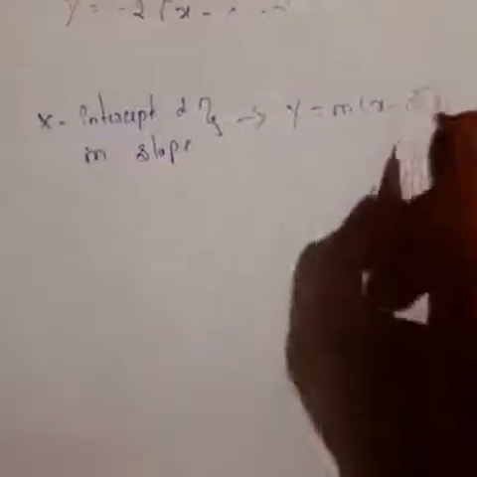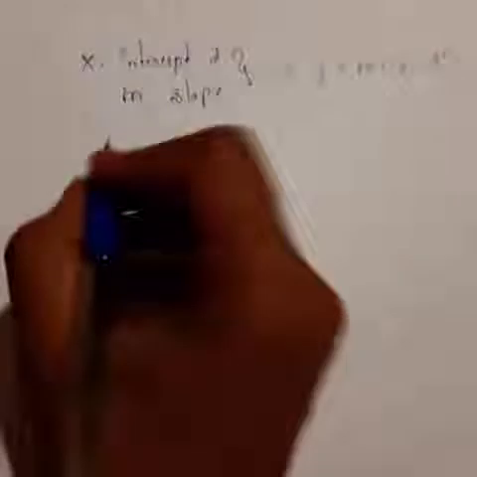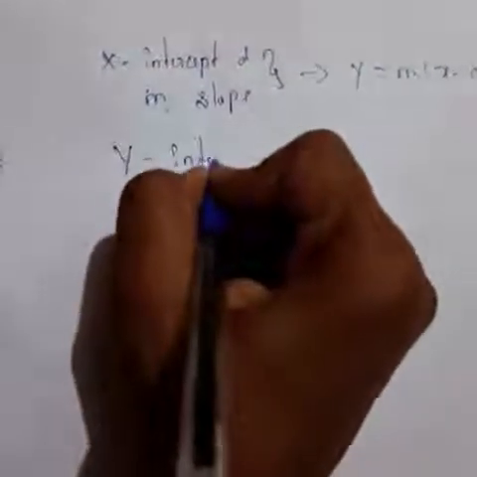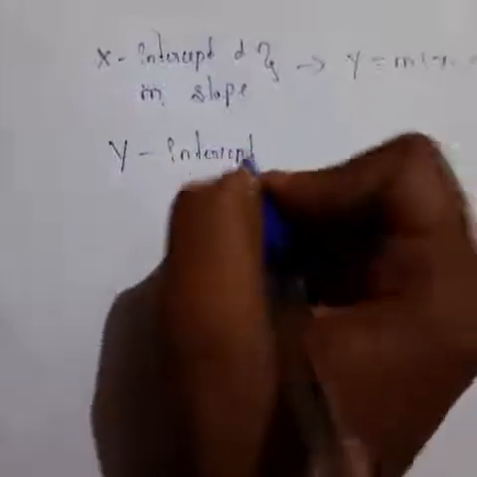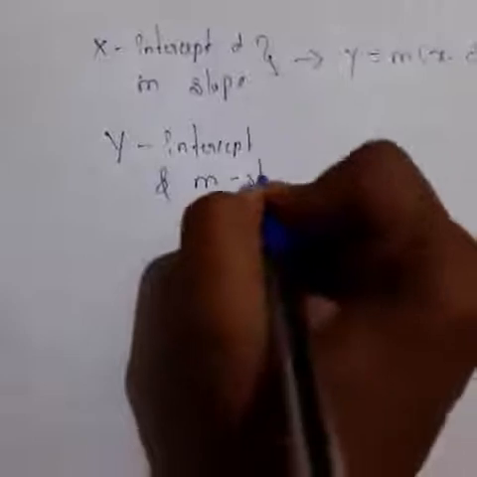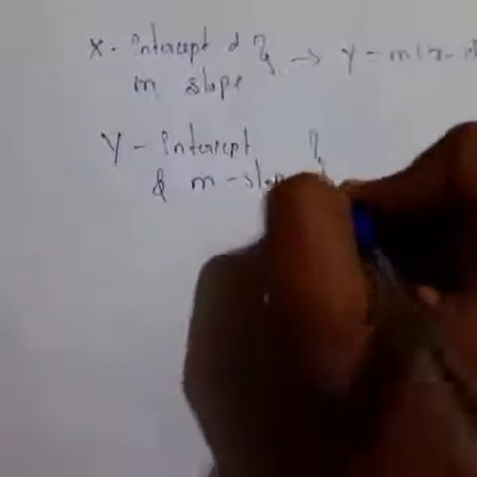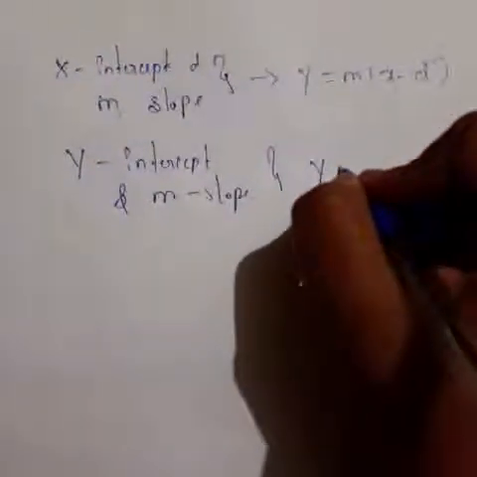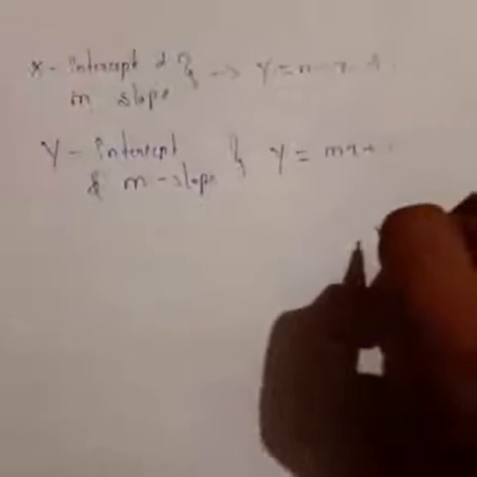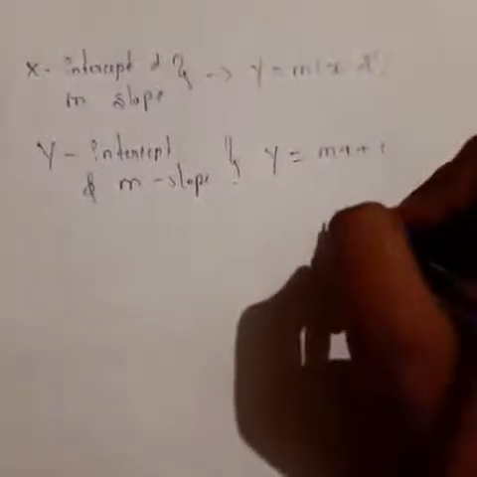Here d is nothing but your x-intercept. If they give the y-intercept and m, that is slope, then you have to use y is equal to mx plus c, where this c is nothing but the y-intercept.